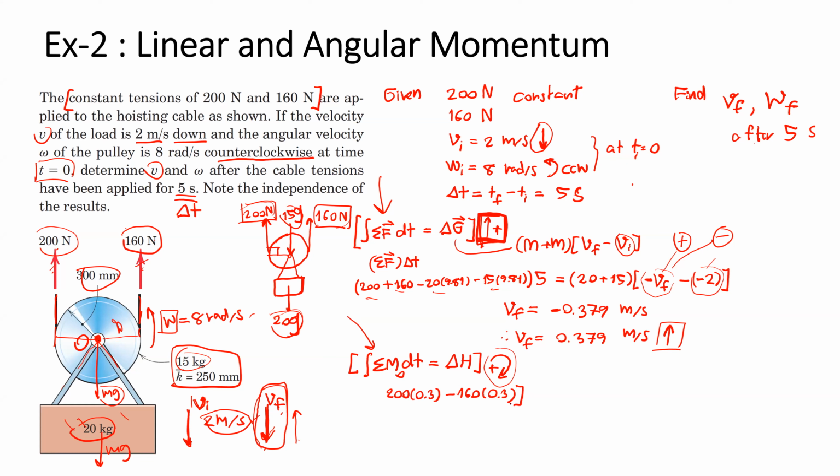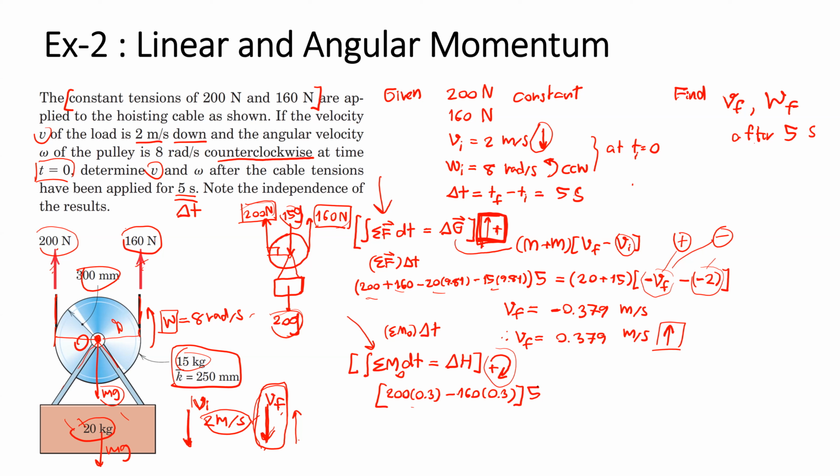And the magnitude of the summation of moment is always constant against the delta t. So don't forget to multiply by the delta t here.